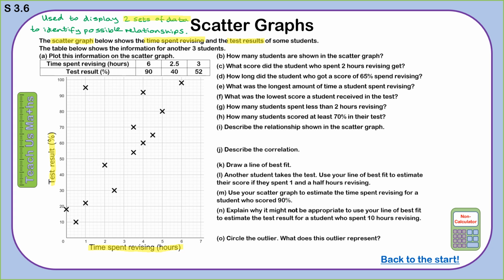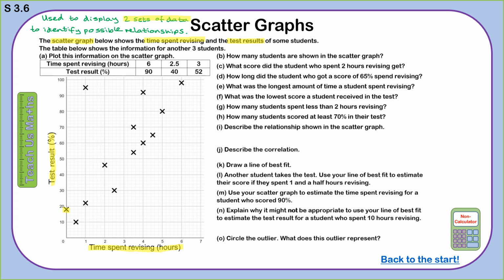Both bits of information were recorded for a group of students. For each student, a point is plotted. For example, this student here spent no time revising, however got a test result of 18%.